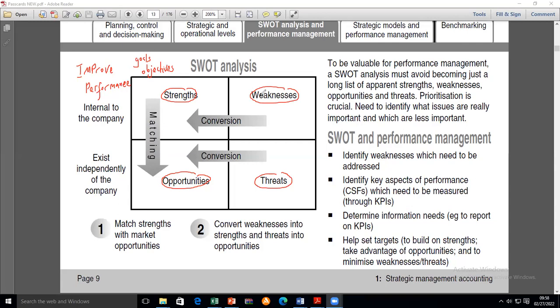What is the impact of converting a weakness into a strength? Improve performance. Won't you agree with me? I normally give my students an example which probably some of you can relate to. We've got some fast food chain restaurants that do deliver food. One of them in our environment is the Bonias.